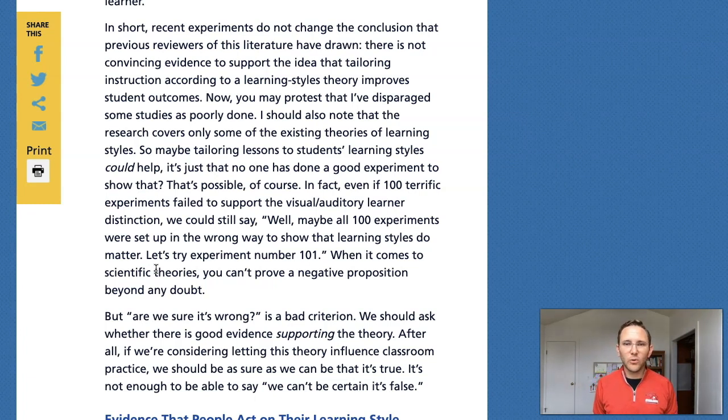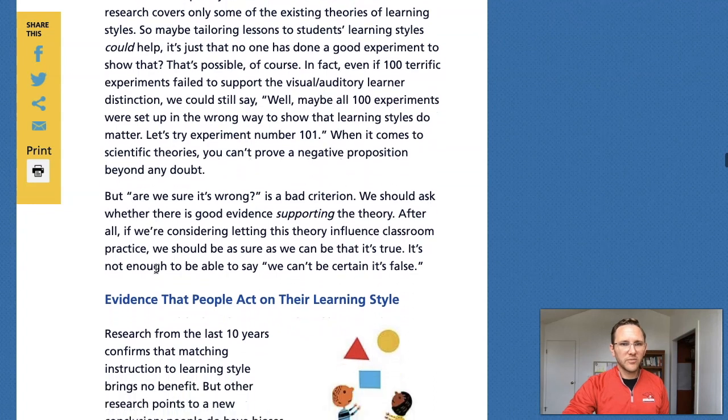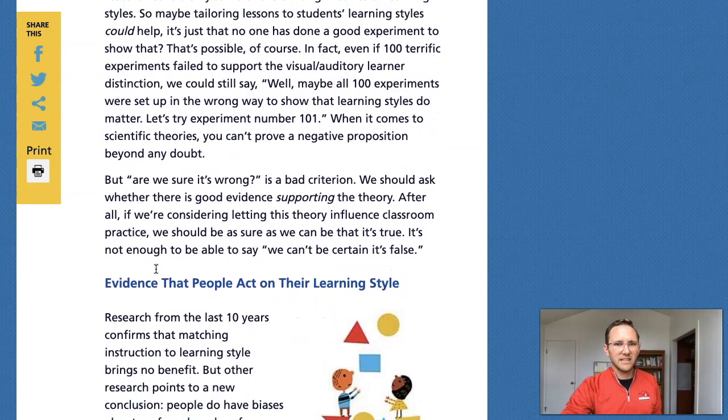In fact, even if 100 terrific experiments failed to support the visual auditory learner distinction, we could still say, well, maybe all 100 experiments were set up in the wrong way to show that learning styles do matter. Let's try experiment number 101. When it comes to scientific theories, this is really important. You can't prove a negative proposition beyond any doubt.